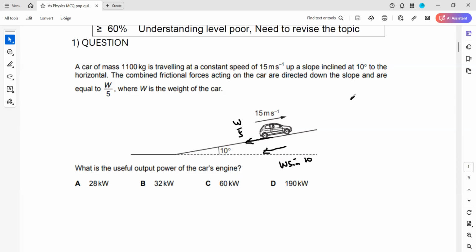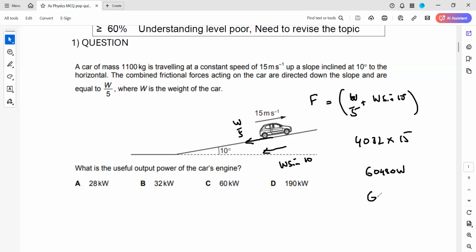So what you have to do is W by 5 plus W sine 10 degrees. Add them. When we work it out, this will be 60.4 kilowatts, so C will be the right answer.